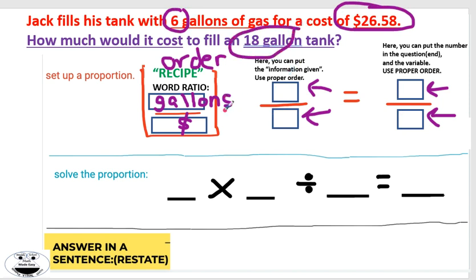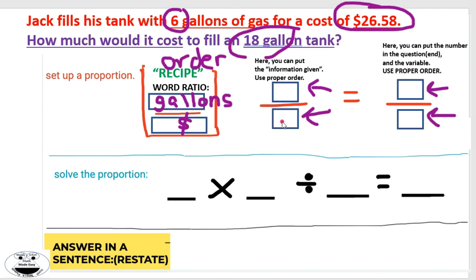Even if you follow the correct recipe and put the correct order, if you put the numbers in the wrong ratio together, for example, let's say I put 6 and 18 together, and they're not supposed to be together in this ratio, then that is a problem. So there are 2 things to look out for. Let me erase that because that is wrong. First we are going to look at the order, and then we'll make sure that the numbers are together in the correct ratio.